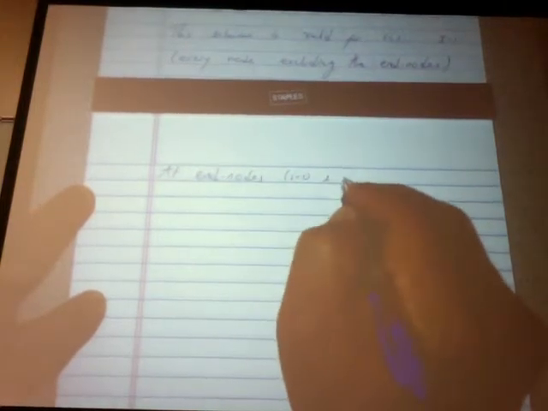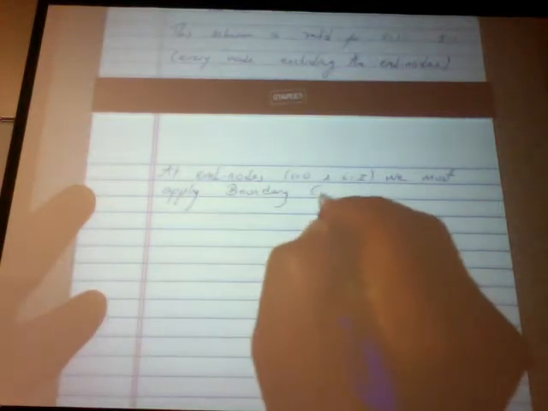All right, so what do we do at the end nodes? At end nodes, we apply boundary conditions, right? The governing equation, we apply at the inner nodes. On the end nodes, we apply boundary conditions. So at end nodes, that would be I equals 0 and I equal big I, we must apply boundary conditions, BCs.